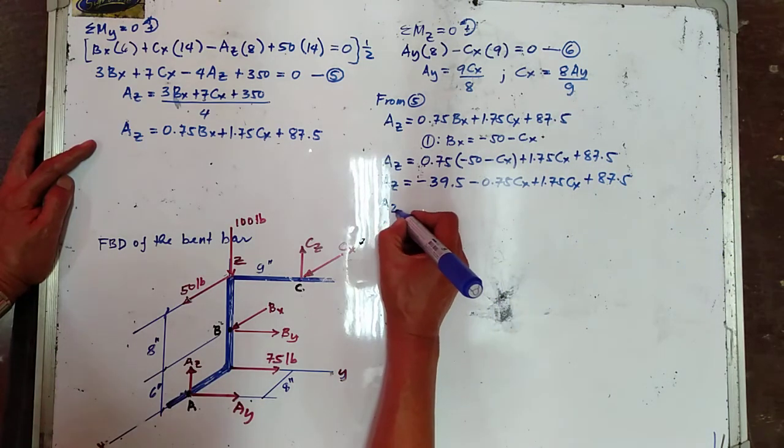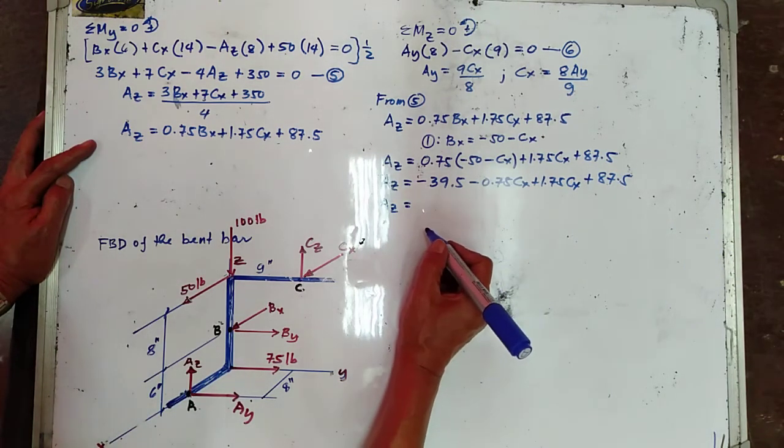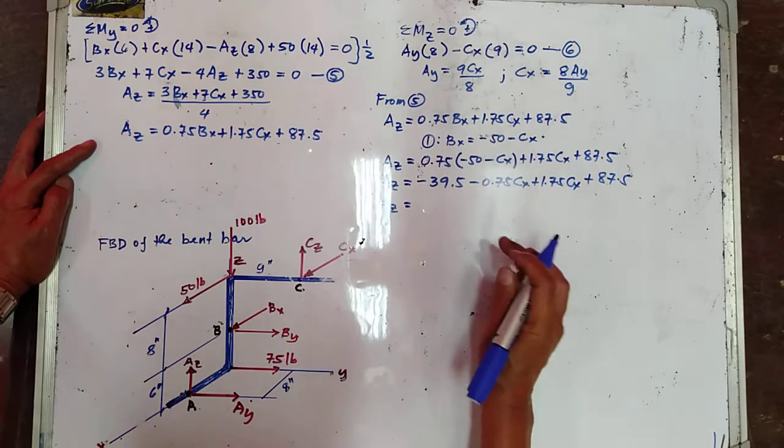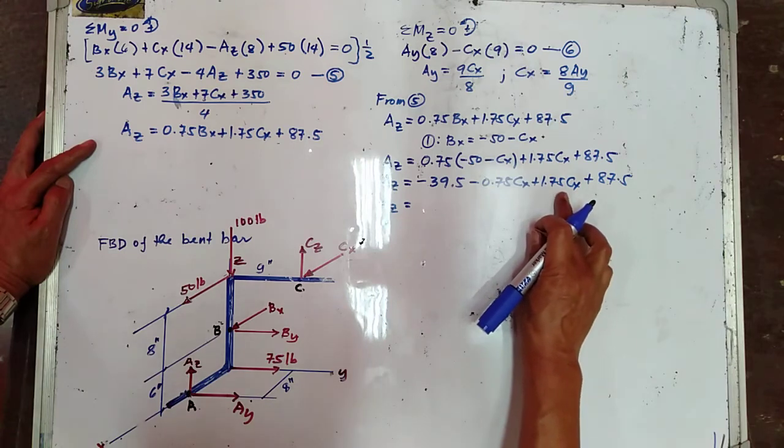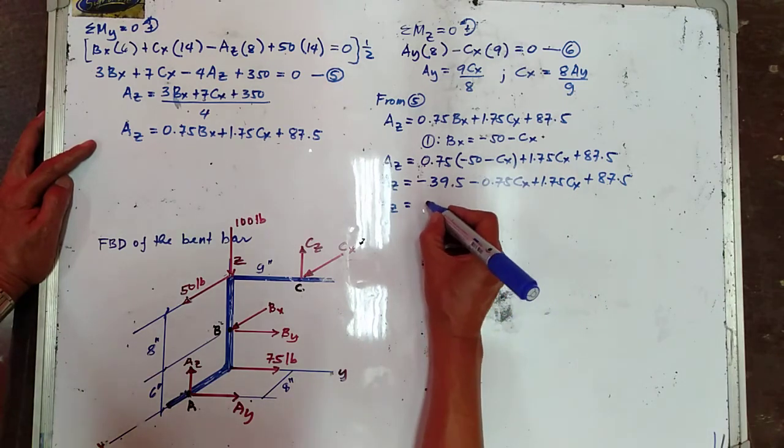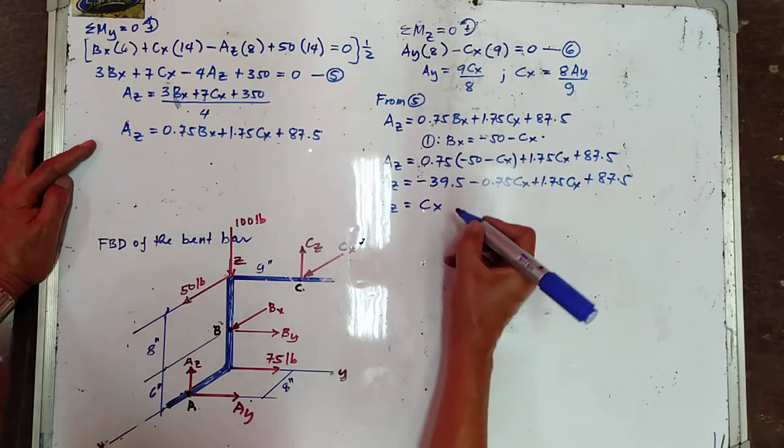Or your AZ is therefore equal to, so we have 1.75 minus 0.75, that is 1 CX, is equal to CX.